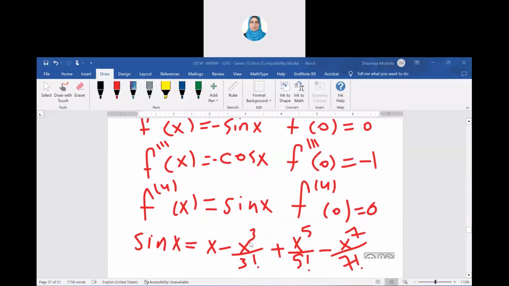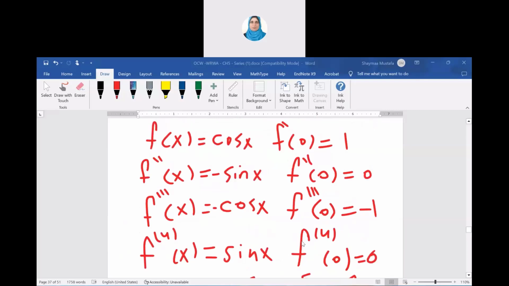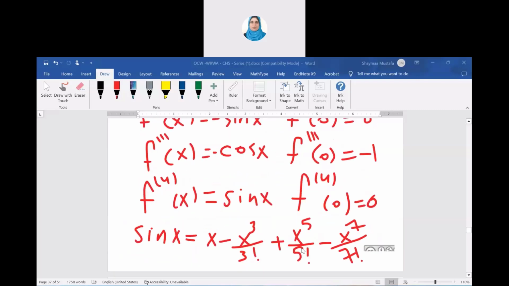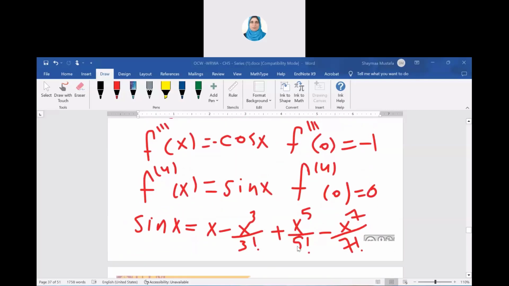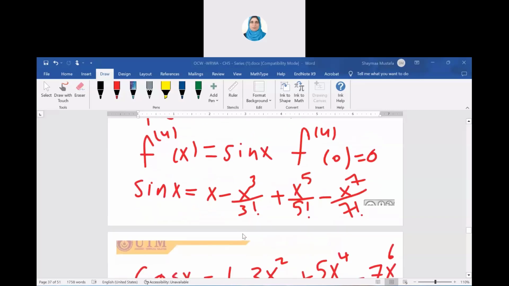Fourth derivative is 0, so you don't have x to the power 4. The fifth derivative will be 1 again, so 1 multiplied by x to the power 5 over 5 factorial. And the 6th term will be cancelled because the 6th derivative is 0 and the 7th derivative will be minus 1. So minus x to the power 7 over 7 factorial. This is the Maclaurin series of sine.